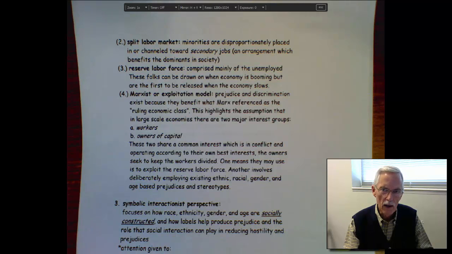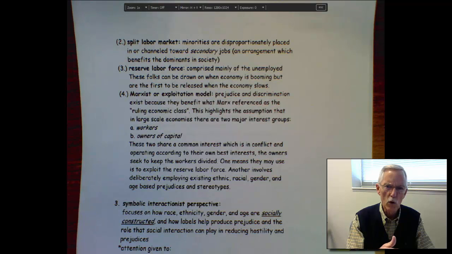Now, at the same time, you want to bear in mind that Marx made the argument that in addition to the reserve labor force, owners would employ existing prejudices. The idea behind this is let's divide the workforce specifically along gender, age, race, and ethnic lines.